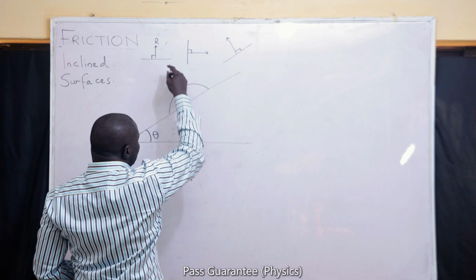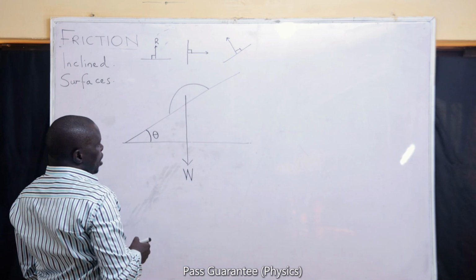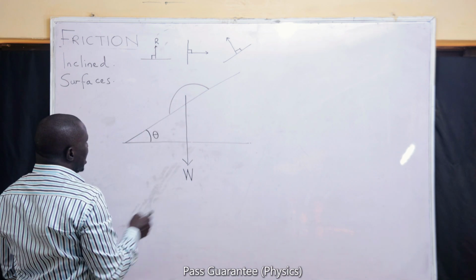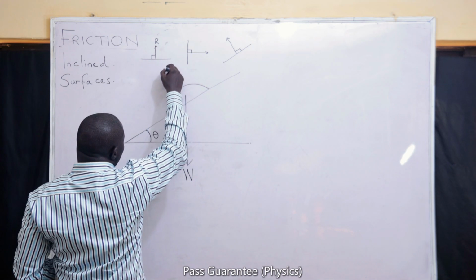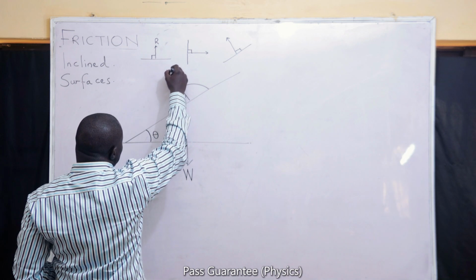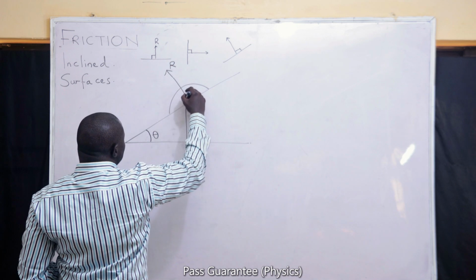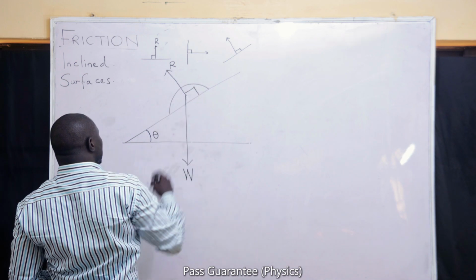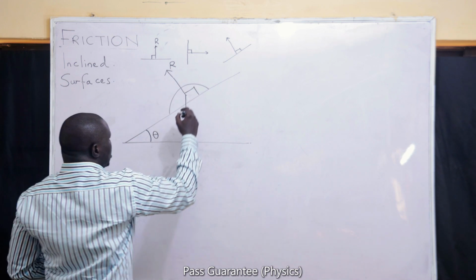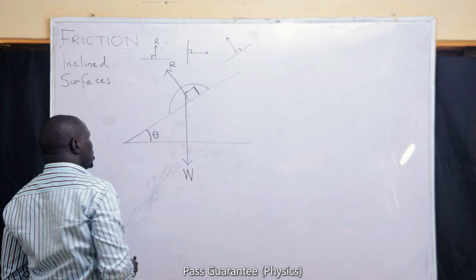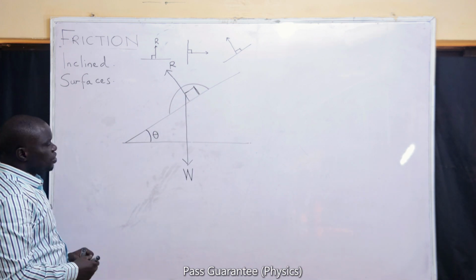So anything that is going to be perpendicular to an inclined surface must also be inclined. So I am going to draw my normal reaction this way. And I will show that it is making an angle of 90 degrees with the surface.